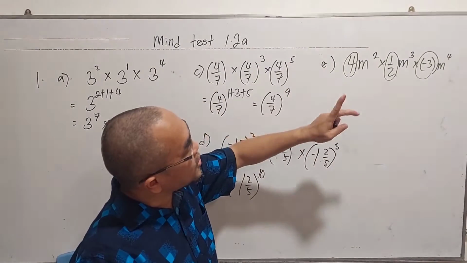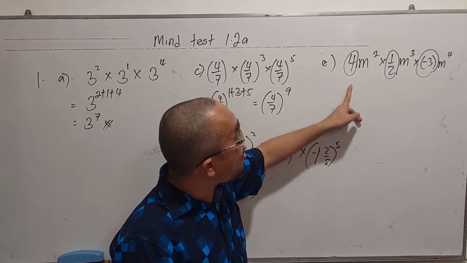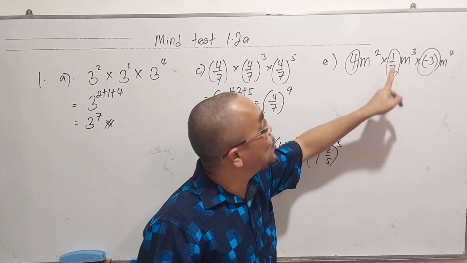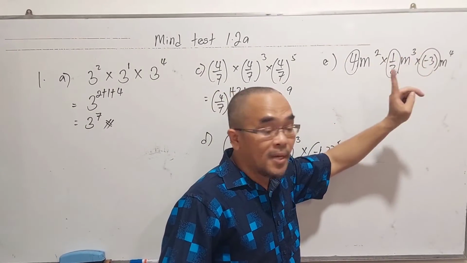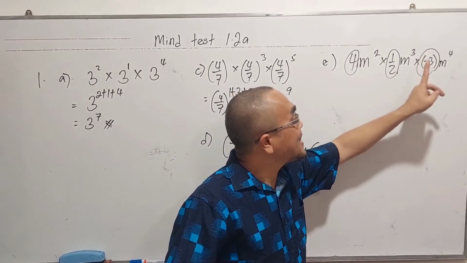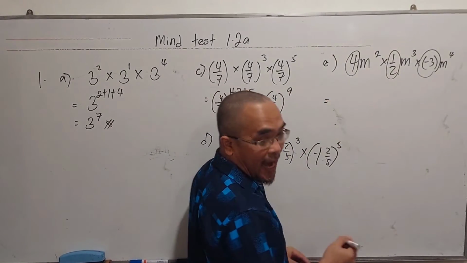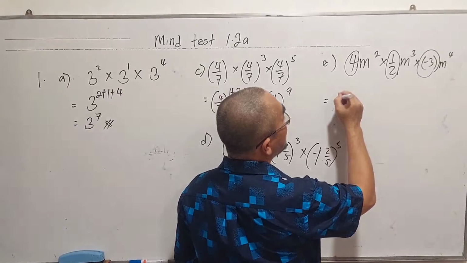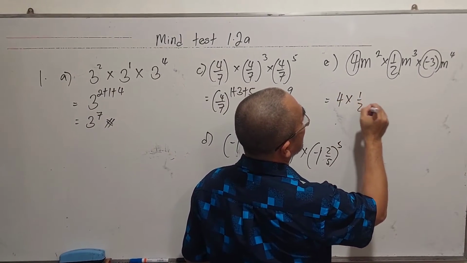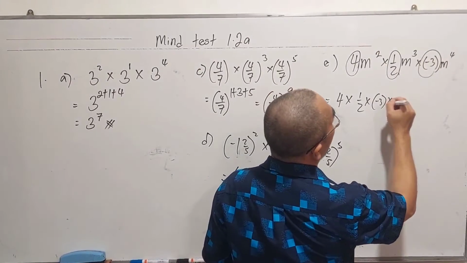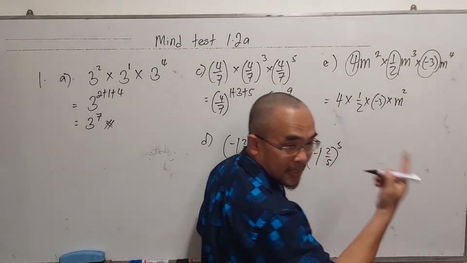The question is actually 4 times m square times 1 over 2 times m cube times negative 3 times m power 4. So we could write the numbers only first, then we write down all the m.